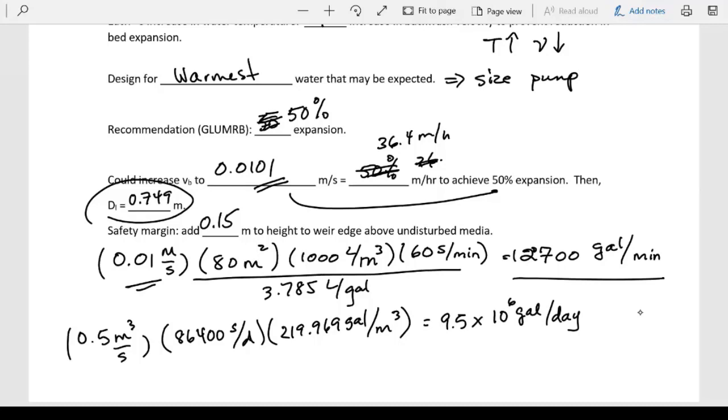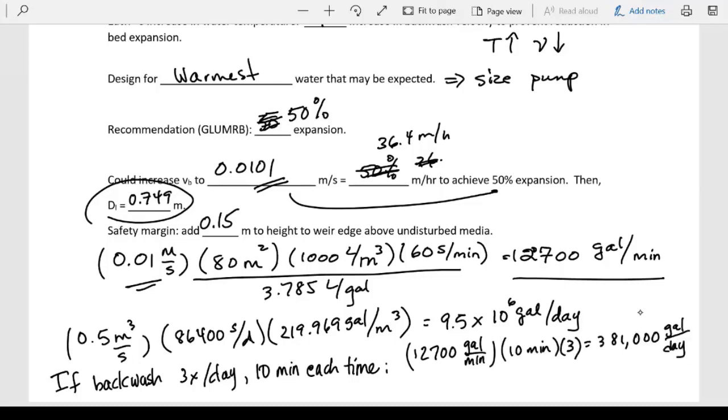If we have to backwash 3 times per day for 10 minutes each time, that corresponds to just over 380,000 gallons per day. And then if we divide this by the amount of water that we produce times 100%, that is 4% of our entire flow that we produce per day goes to backwashing.